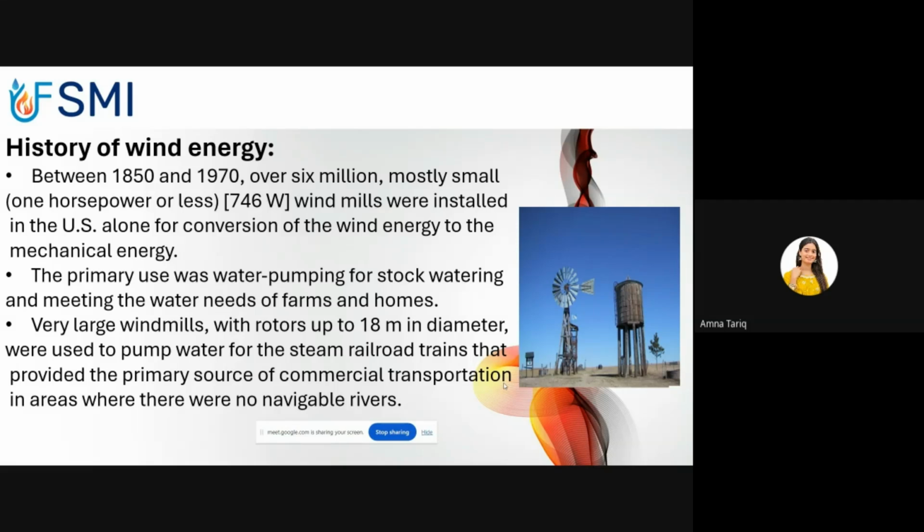Very large windmills with rotors up to 18 meters in diameter were used to pump water for steam railroad trains. They provided the primary source of commercial transportation in areas where there were no navigable rivers.